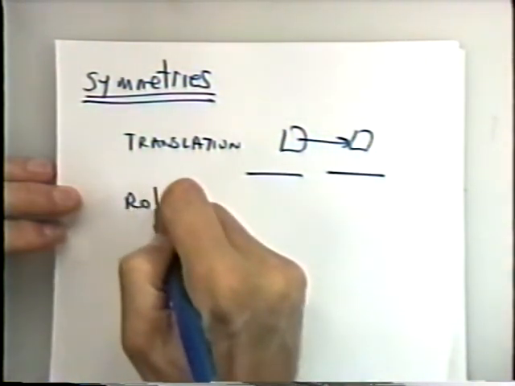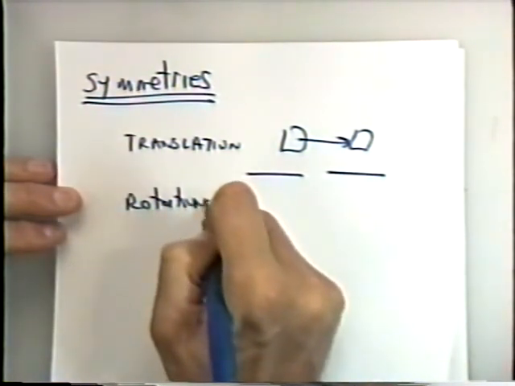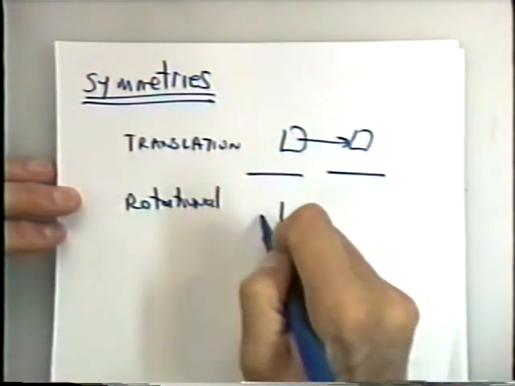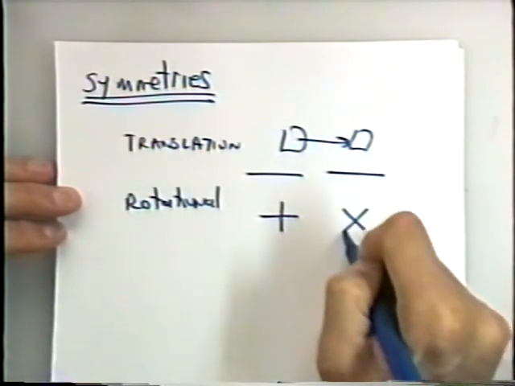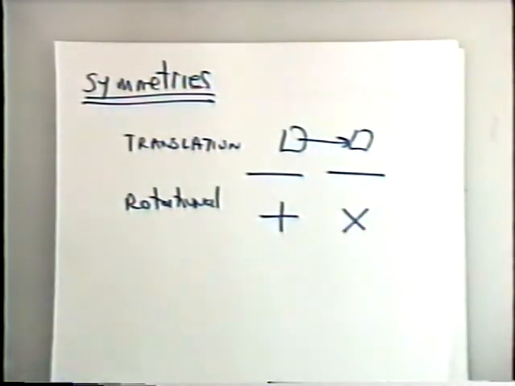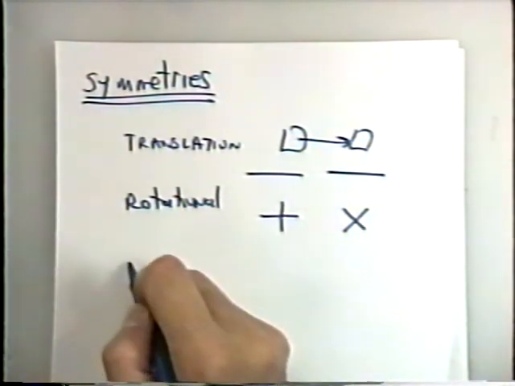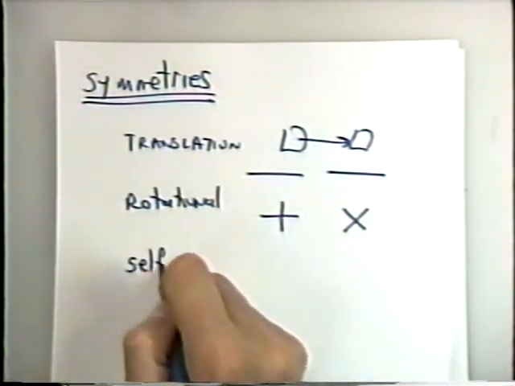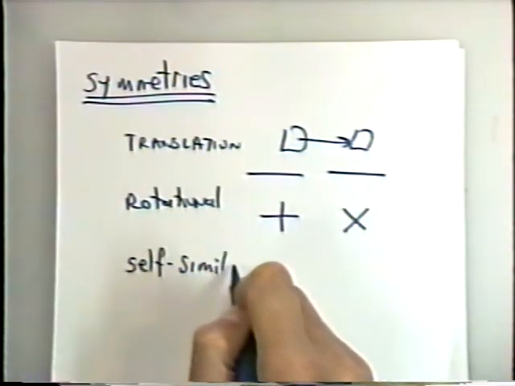Or rotational symmetry, where if I have an object like this, we really think that's the same object as this. And the idea is that things are invariant under these transformations, these symmetry transformations. But now the transformation we're talking about is a very different one. It's a self-similarity transformation.